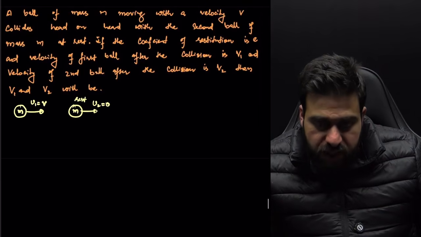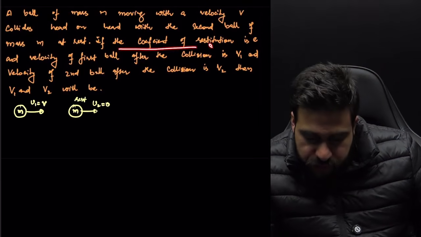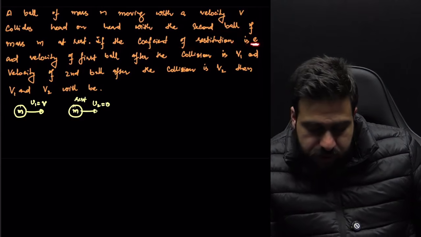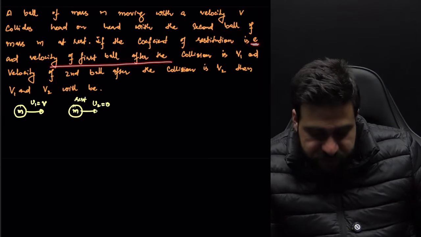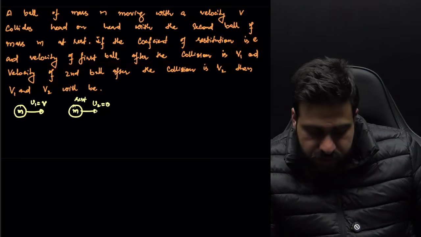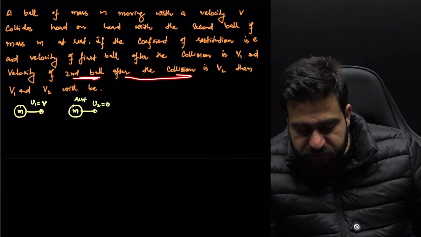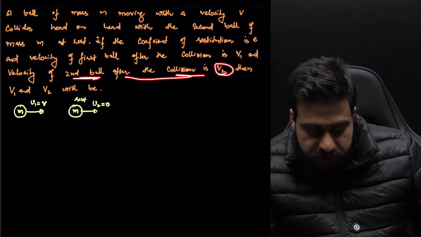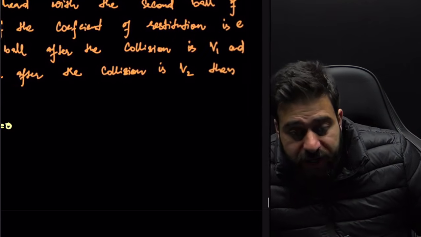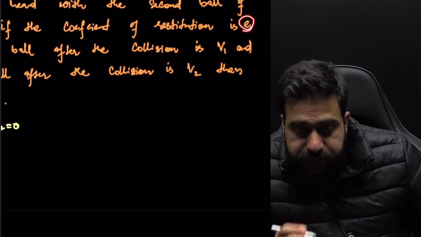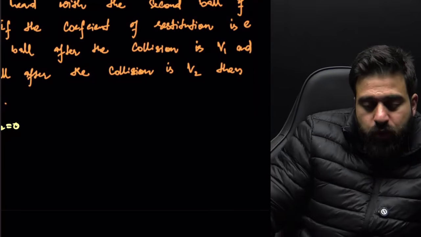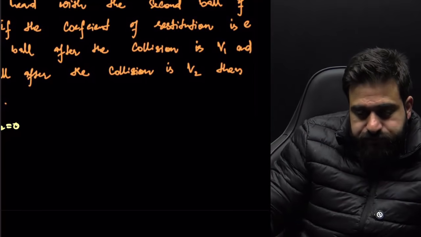Now it says if the coefficient of restitution is E, then the velocity of the first ball after the collision is v1, and the velocity of the second ball after the collision is v2. So you have to find the velocity of the two masses after the collision, and the coefficient of restitution is given as E. What does that mean, my dear NEET aspirants?